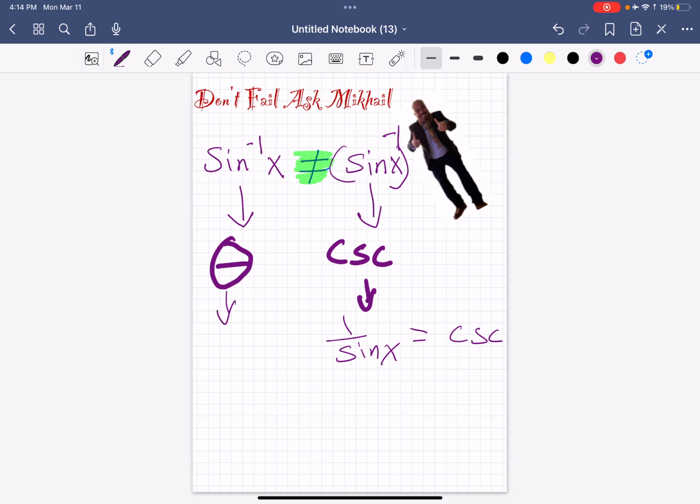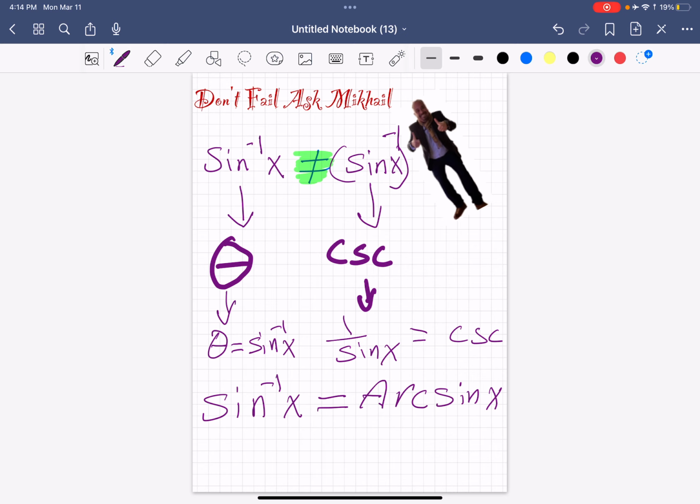But this is equal to theta, which is equal to sine negative 1 of x. Also, sine negative 1 of x, or cosine or tangent, is sometimes written as arc sine. So when you see the word arc sine, it's the same as sine negative 1. These both are the same.